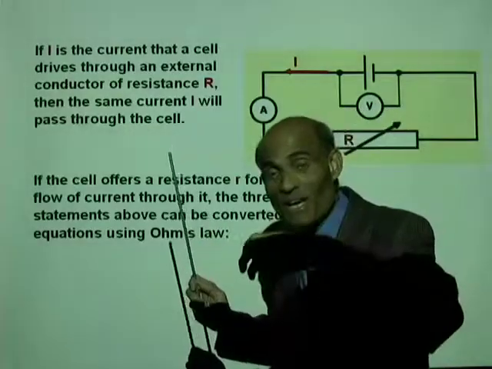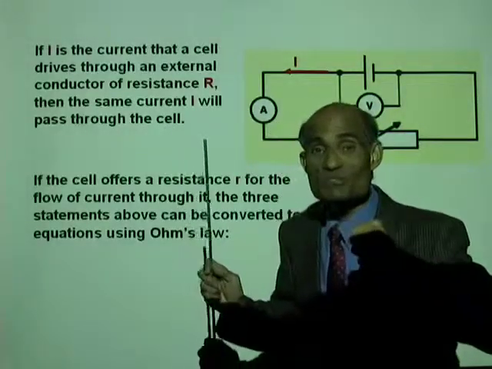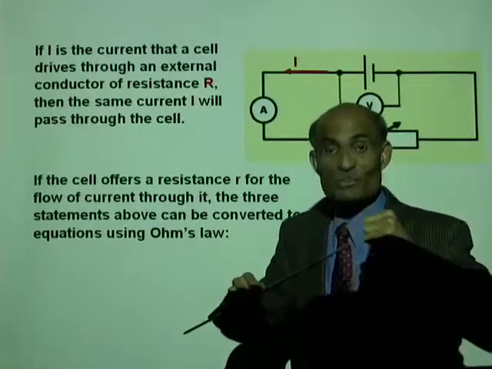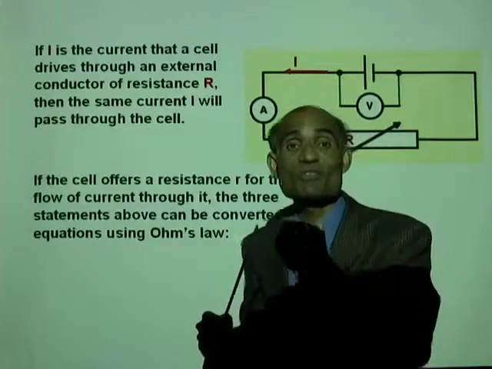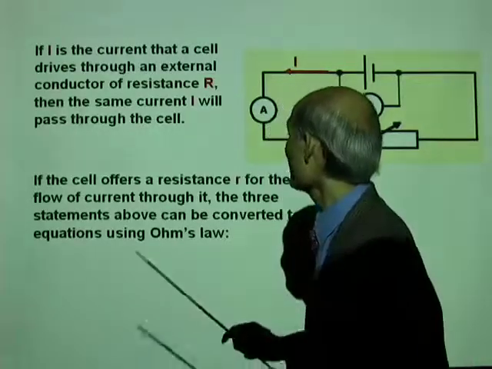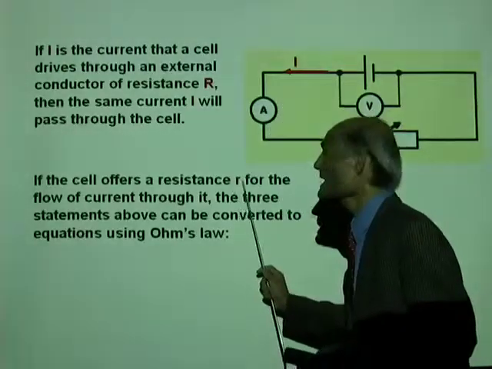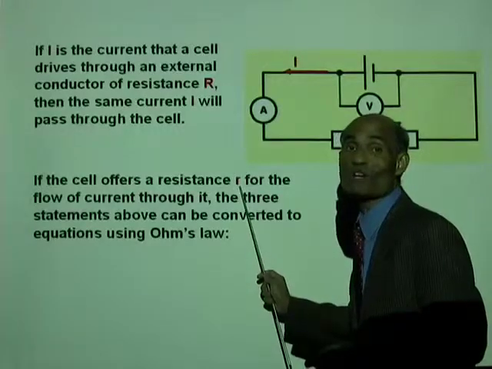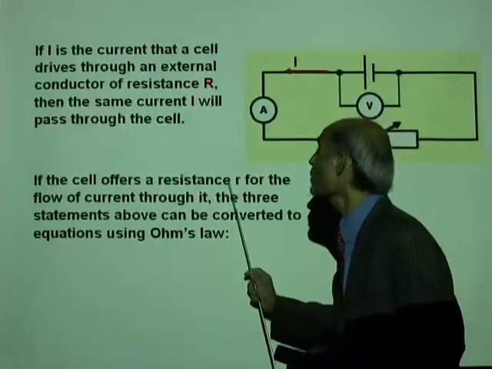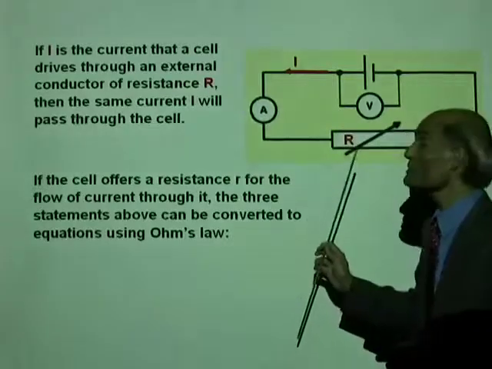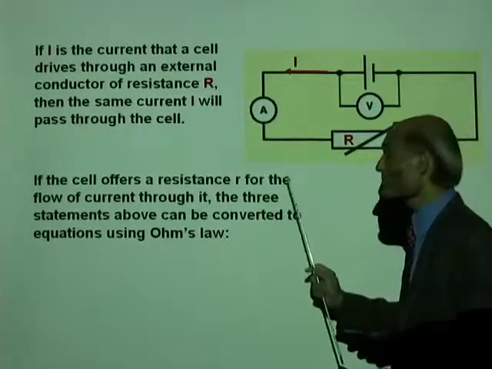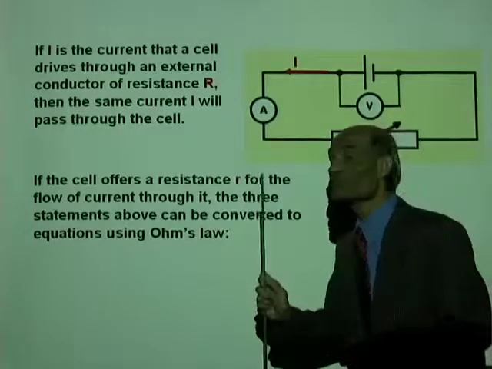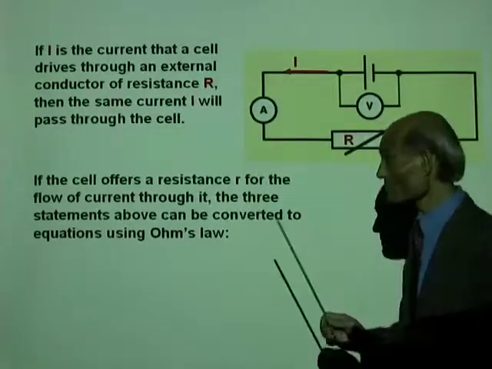Now, if an amount of energy is needed to drive current internally through the cell, it means the cell offers a resistance for the flow of current. And we are going to represent that resistance offered by the cell by the lowercase r. So distinguish between uppercase R, the external resistance, and lowercase r, the internal resistance.